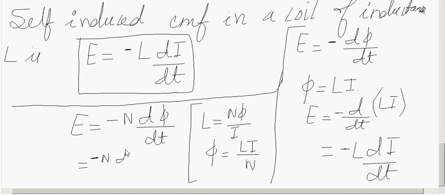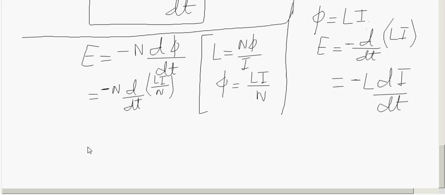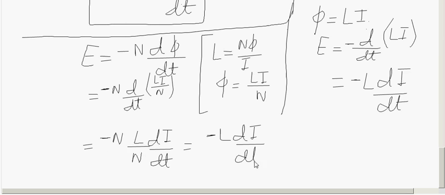Minus N into d by dt of phi, that is Li by N, and N being constant, N divided by N will get cancelled, minus N into L by N into di by dt. Therefore induced EMF is equal to minus L into di by dt.